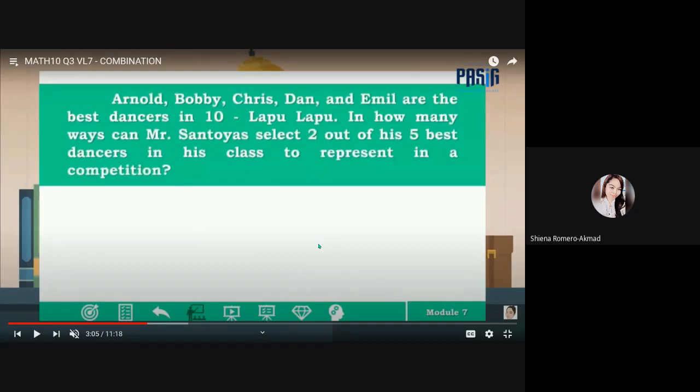In how many ways can Mr. Santoyas select 2 out of his 5 best dancers in his class to represent in a competition? In how many ways kaya?